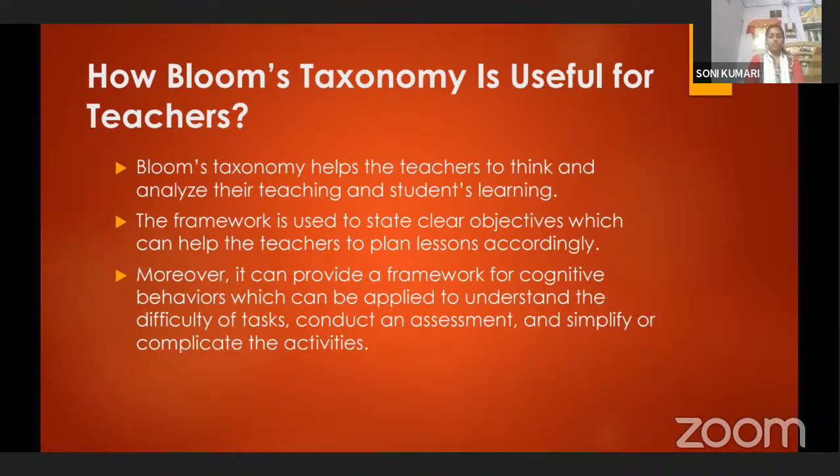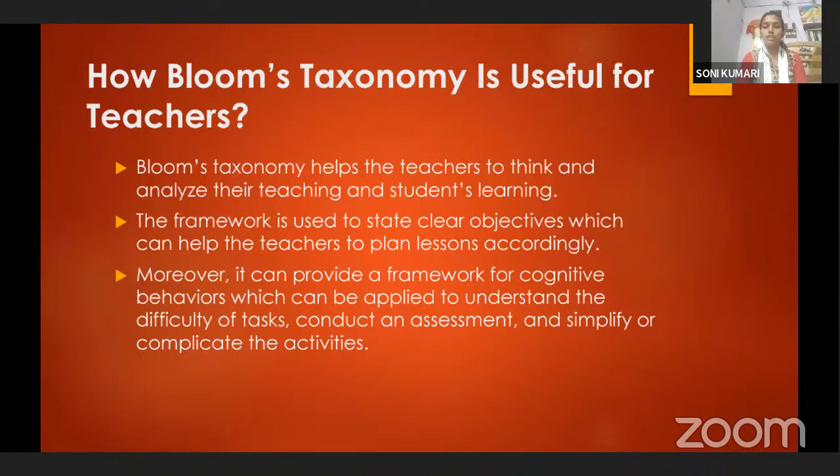This Bloom's taxonomy is dedicated to the teachers. All the elements are considered for the teachers. Bloom's taxonomy helps the teacher to think and analyze their teaching and students' learning. It is for both teachers and students.